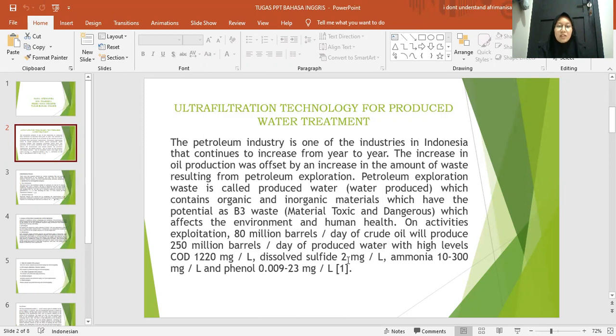Dissolved sulfate 2 milligrams per liter, ammonia 10 to 300 milligrams per liter, and phenol 0.009 to 23 milligrams per liter.